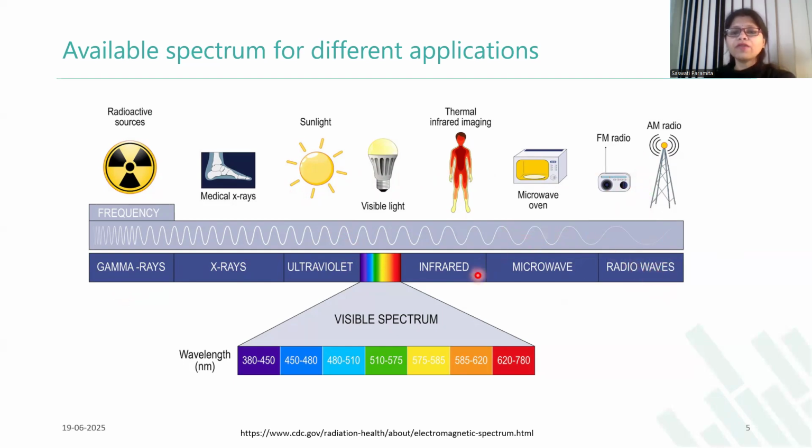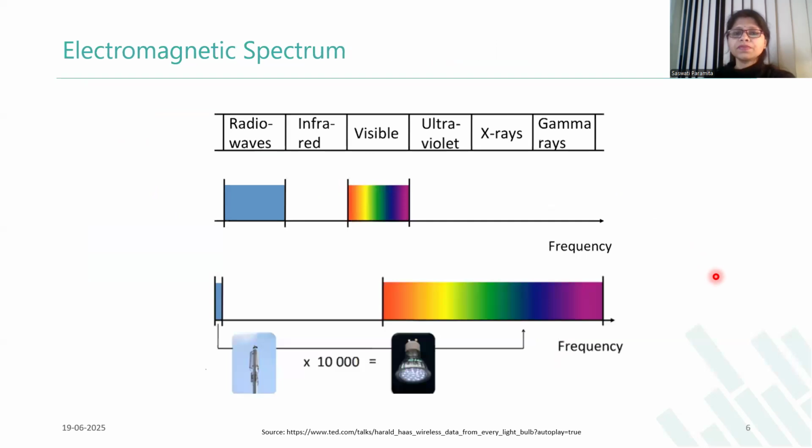That's why we are looking for an alternative technology, and the best case is the light spectrum, like visible light or infrared. The visible light spectrum is in the 380 nanometer to 780 nanometer range, so it is capable of providing bandwidth in the terahertz range, which is not possible with radio frequency, because radio frequency provides bandwidth in the gigahertz range.